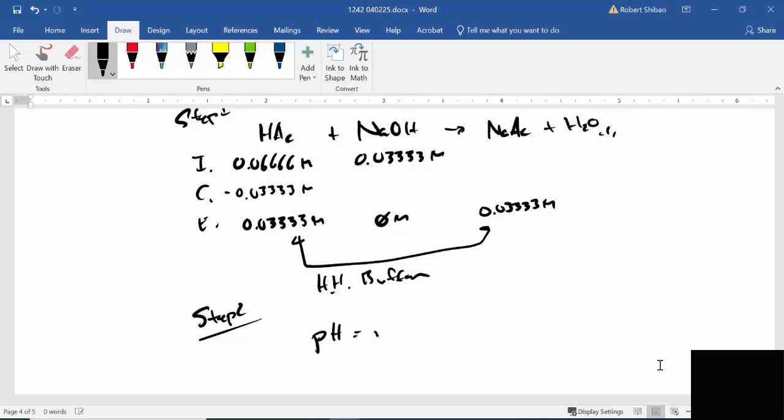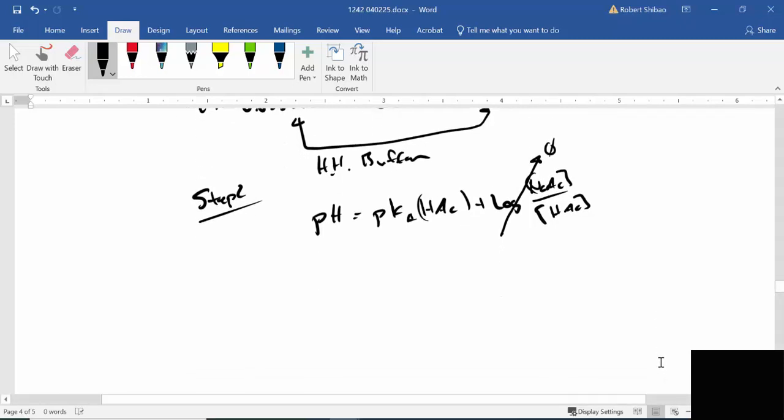That is, the pH is equal to the pKa for acetic acid plus the log of the, in this case, the sodium acetate, which is the base, over the acetic acid concentration. If you look at it, the concentrations are the same, so this is going to be the log of 1.